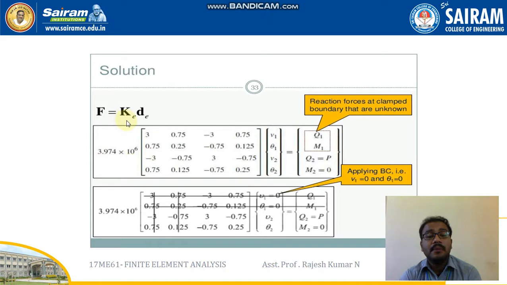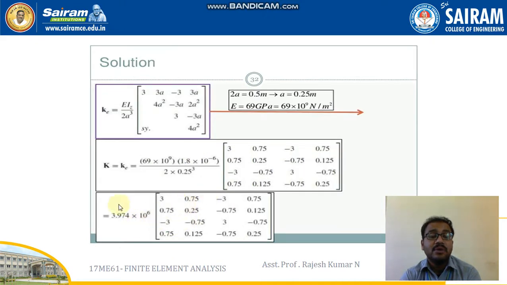The next step is the equilibrium equation, which is K into V, KV equal to F. So what is K? This is K, 3.974, the global stiffness matrix. This is into V. We have two nodes.